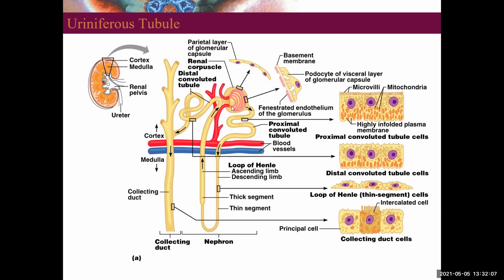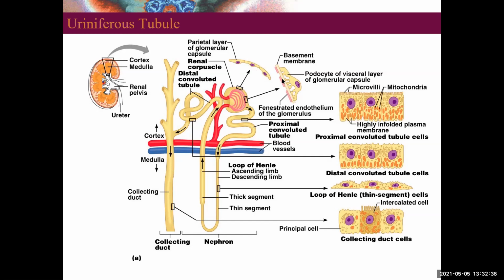Okay. The renal corpuscles are capillaries and the Bowman's capsule. Bowman's capsule or glomerular capsule has two layers. The outer layer, which is simple squamous epithelium, you can see, and there is an inner layer which is attached to the blood vessel.